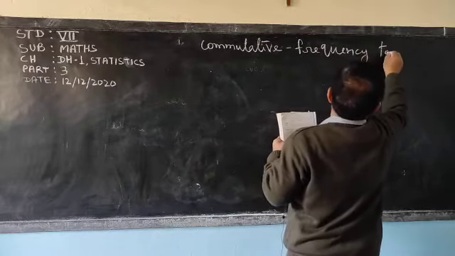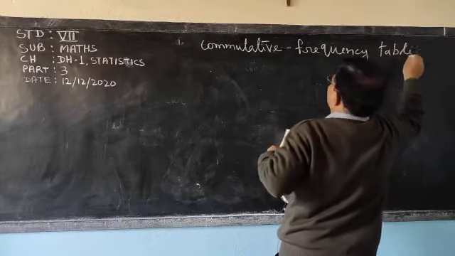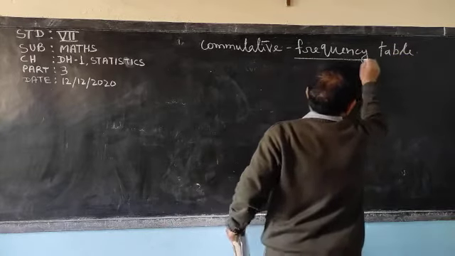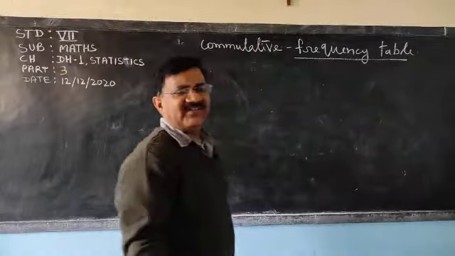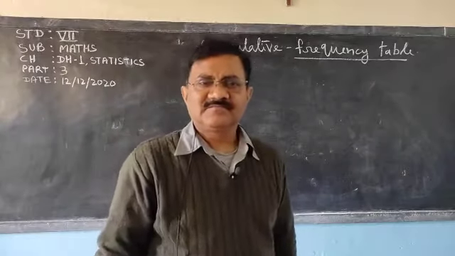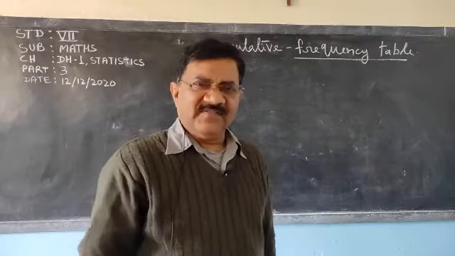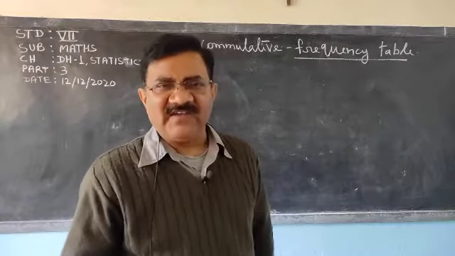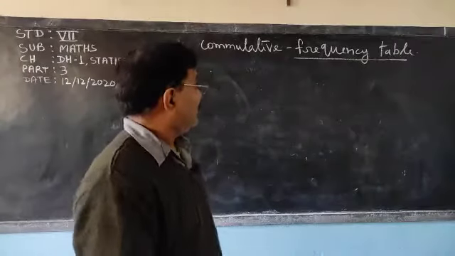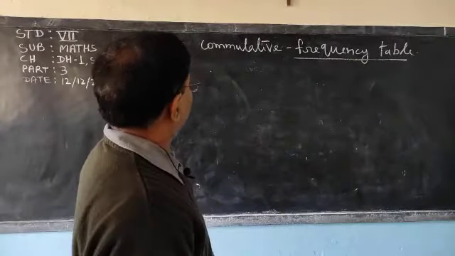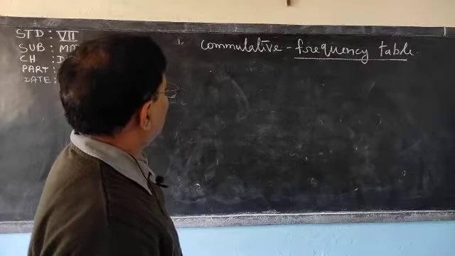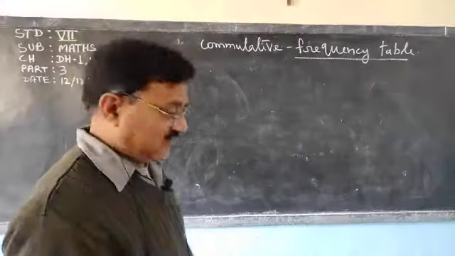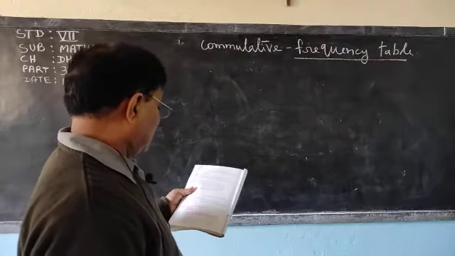We have discussed the frequency table already, in which we have to write tally marks and frequency, the number of observations. But here one more word is added, cumulative frequency table. Let us see.